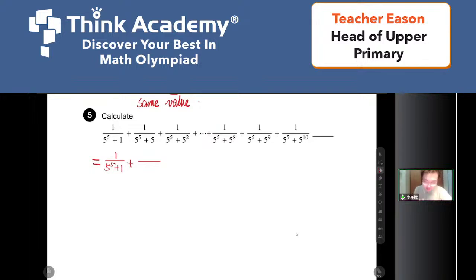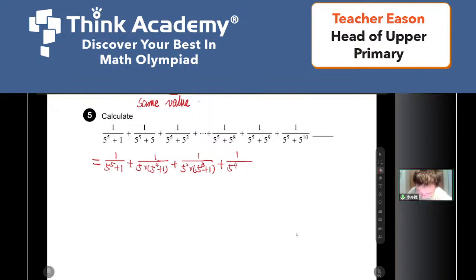So maybe we just extract the 5 here, the common factor, to see what will happen. So now this is 5 times 4 power 5 plus 1, and then this is now 3 plus 1, and we just write it.